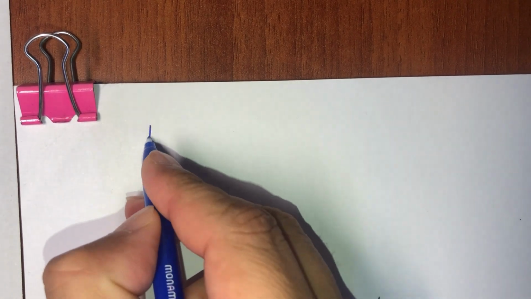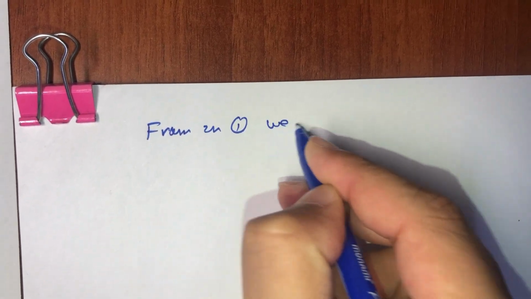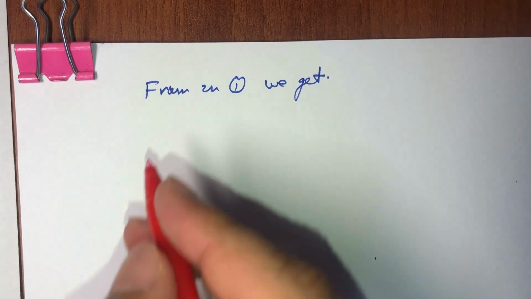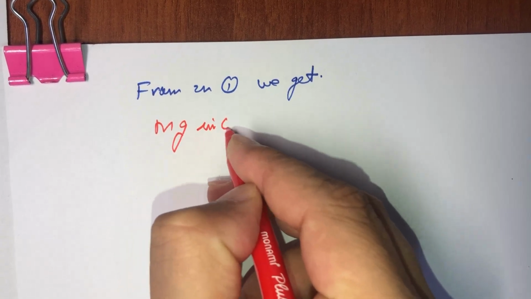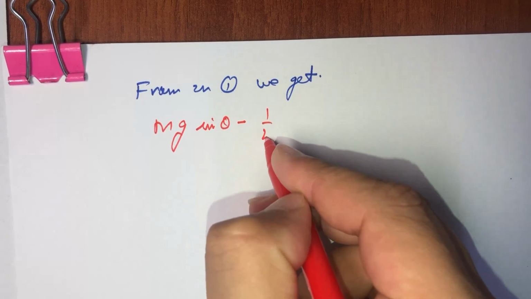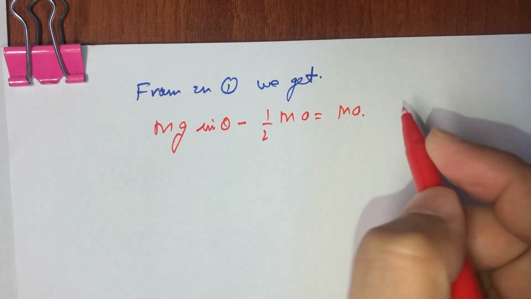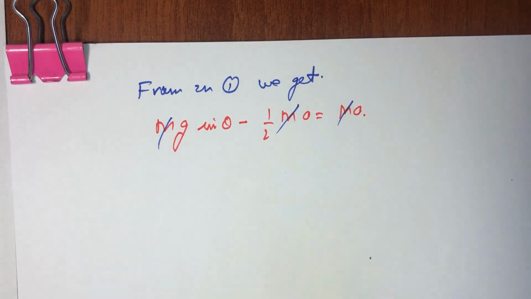So from equation 1, we get mg sine theta minus, substituting the value of Fr, which is equal to half mass into acceleration, is equal to mass into acceleration. Now we can cancel mass throughout.